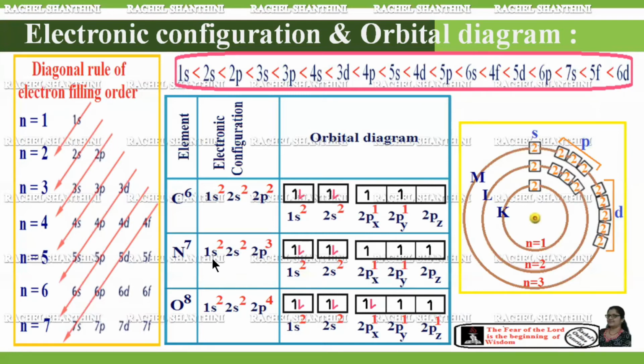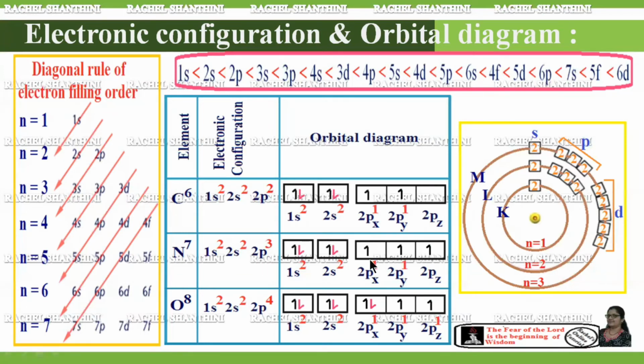So we have to write 1s, 2s and 2p. We know that each suborbital can accommodate maximum of 2 electrons, right? So we have to write 1s2, then 2s2. 2 plus 2, 4. We have 3 remaining electrons. So we have to write these 3 remaining electrons in the p orbital.